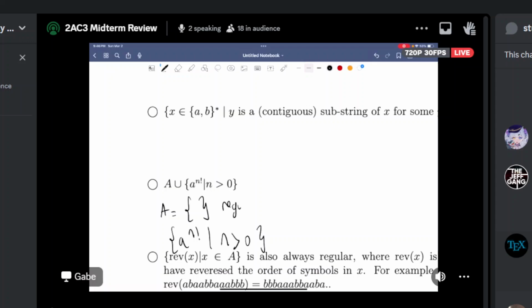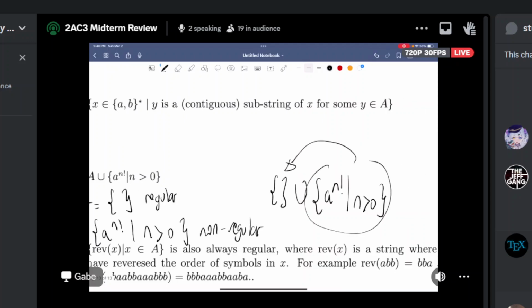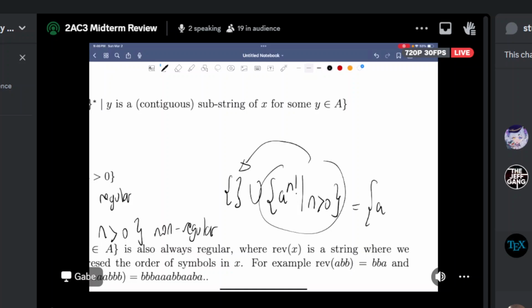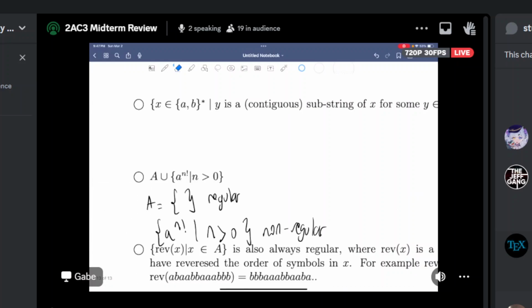It doesn't matter that it's not always non-regular, because it could be non-regular depending on A, we have to put not necessarily regular. We've come up with a counterexample where it's not necessarily regular. It could be, but not necessarily.